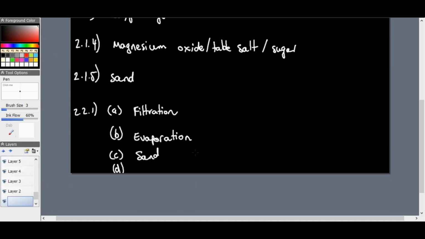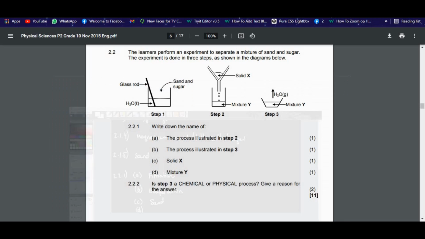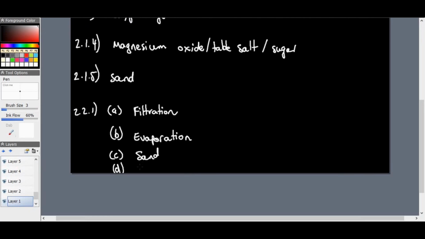D is mixture Y, which would definitely be your sugar solution, in other words, sugar dissolved in water. And the evaporation process in step 3 will cause the sugar to be left behind. That was 2.2.1.